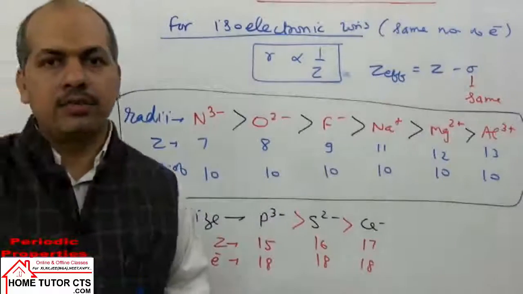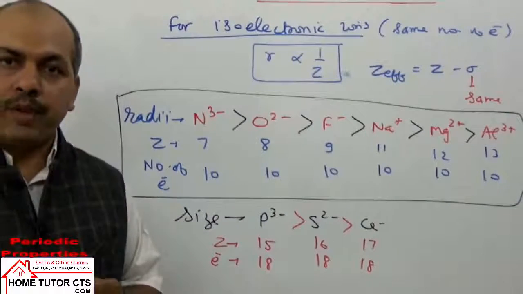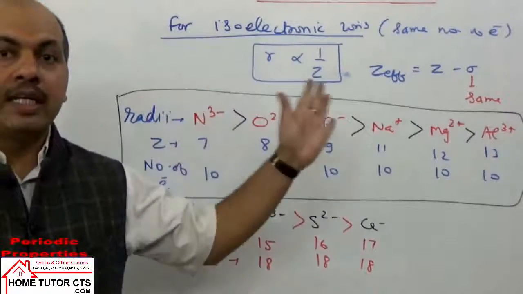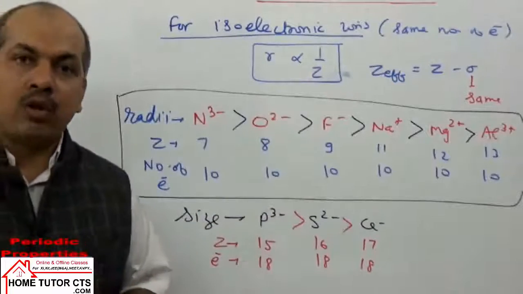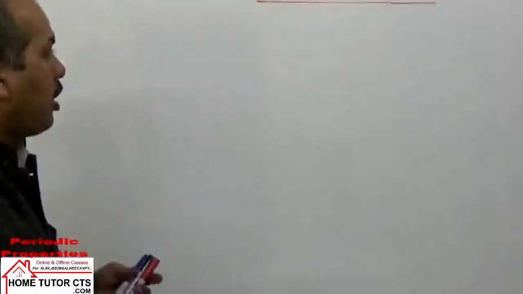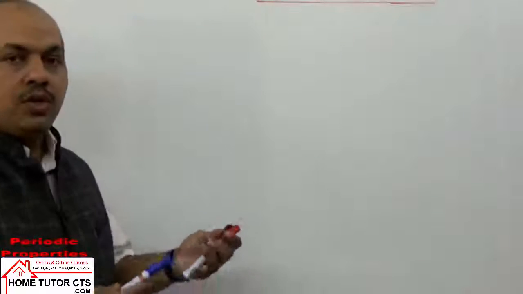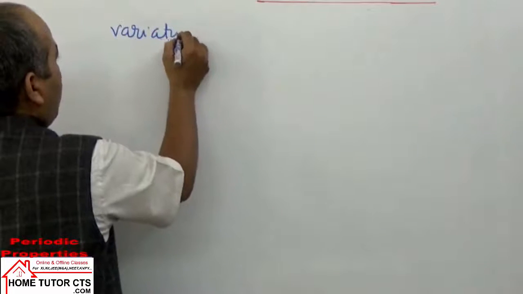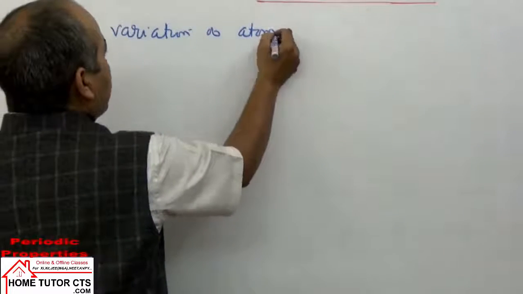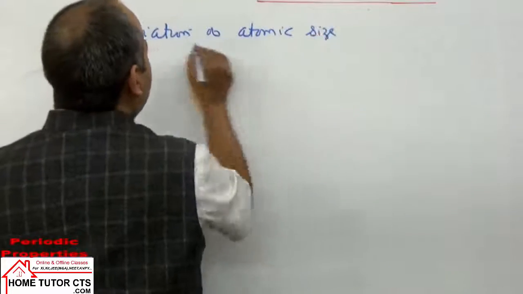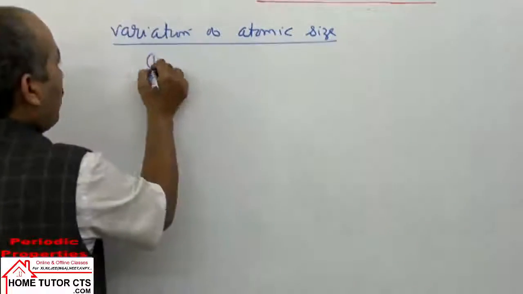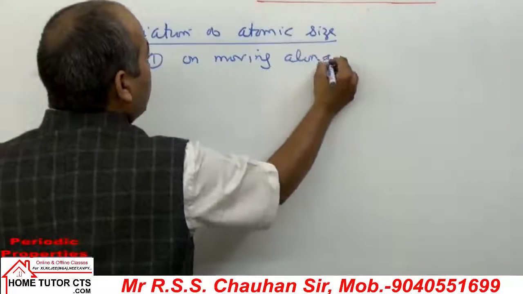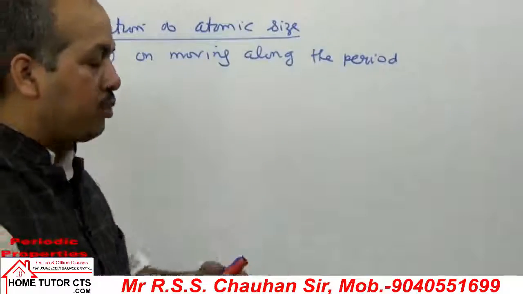Now next we take the variation of atomic size and ionic size, especially atomic size, on moving along the period or moving down the group. Let us see the point here. First we can take the variation of atomic size on moving along the period, that is from left to right.